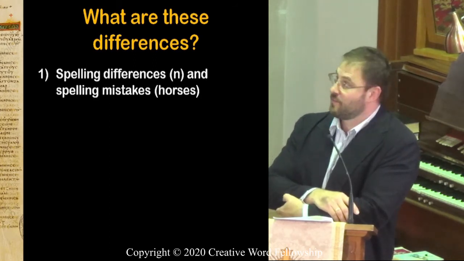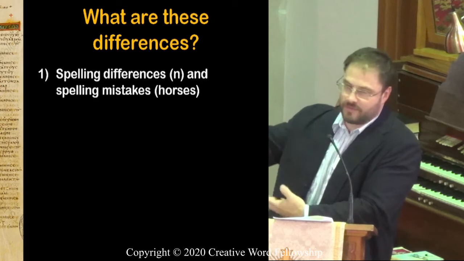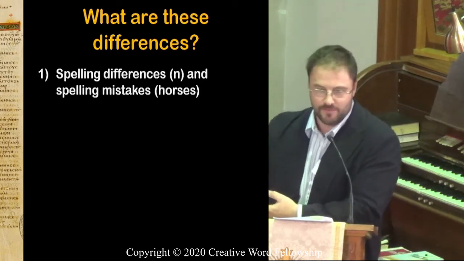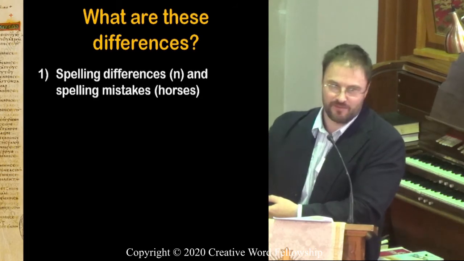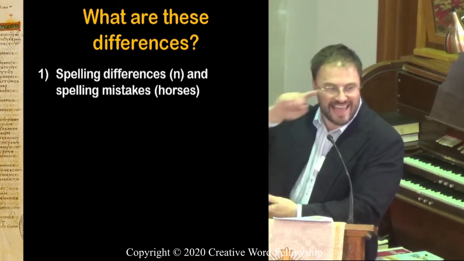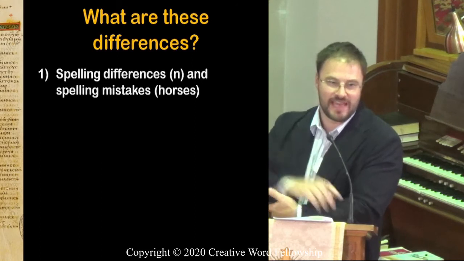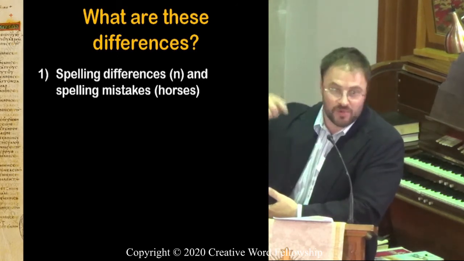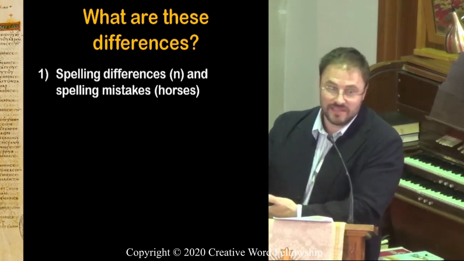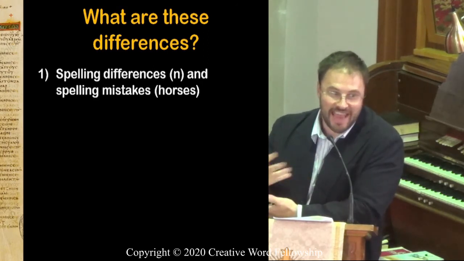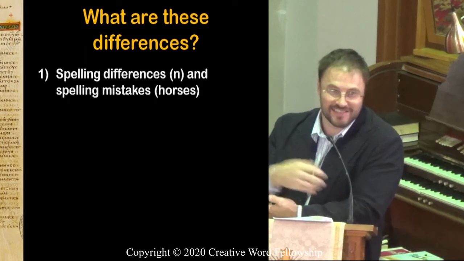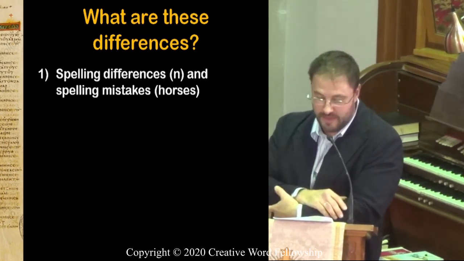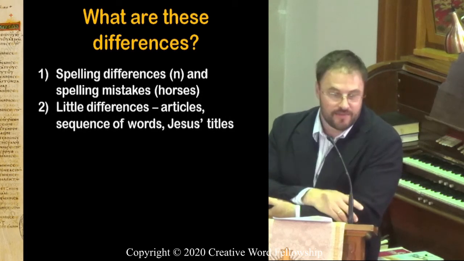For example, probably the number one difference is in Greek: to make pronunciation easier when you read the text, often an N is attached at the end of a word. Some of the scribes used to attach this N and some didn't. So it doesn't change anything, it doesn't add anything, doesn't take away anything. That is one kind of these mistakes.